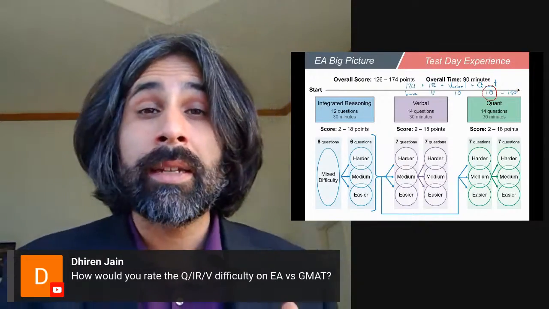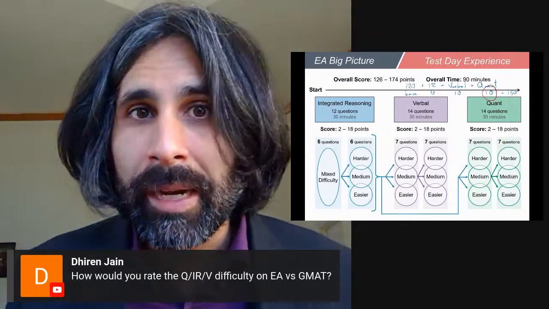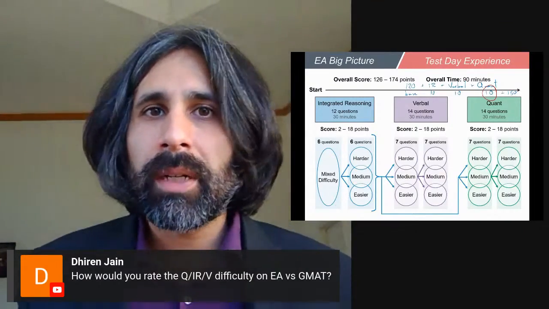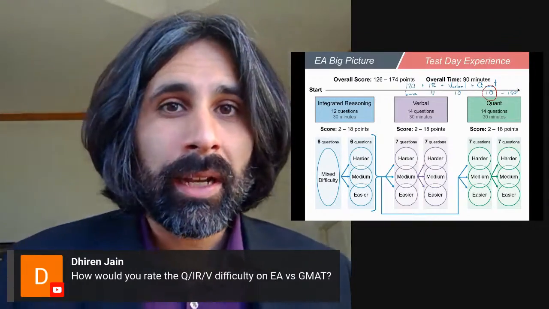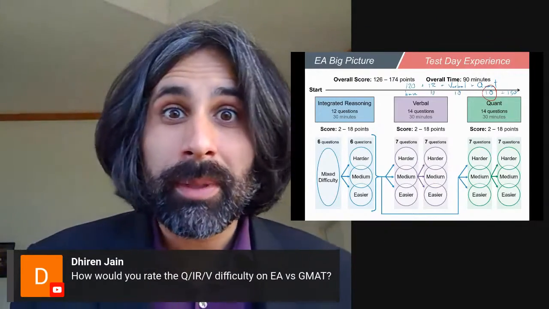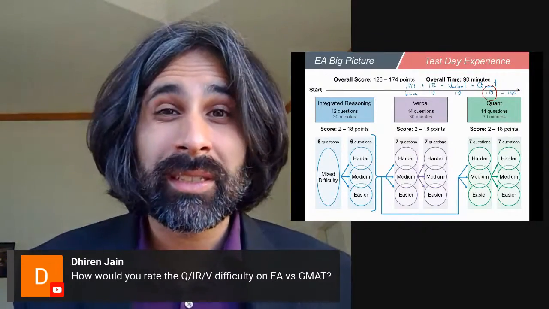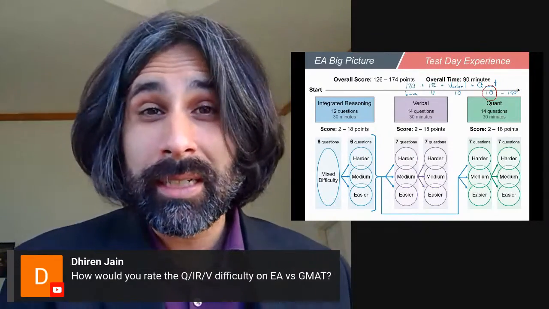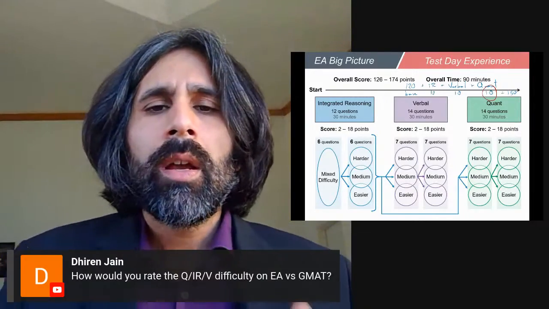At least if you're going in, you've taken some practice tests, you know you're going into the harder second half, you can prepare for that. You've got a strategy for that. But on the GMAT, you could have done a really hard question just a minute ago and then get a ridiculously easy question, except you're probably going to treat it as though it's a really hard question because you don't know that it's an easy question. And so the GMAT's unevenness in difficulty on the IR section I found always a little bit troubling.